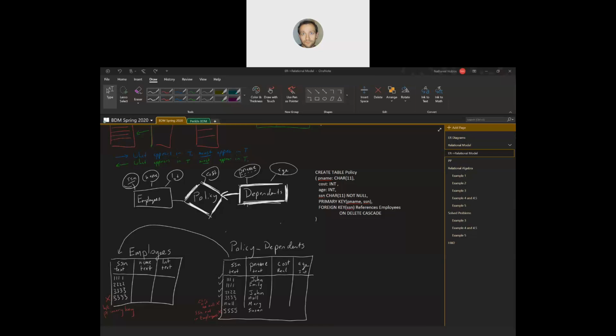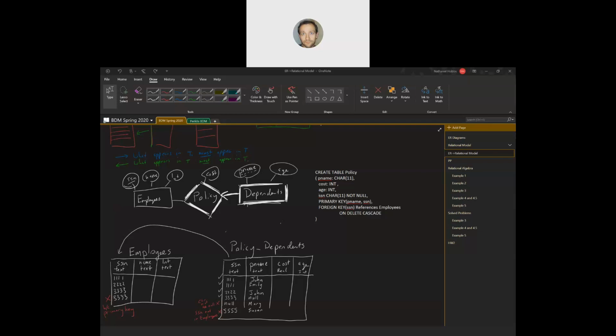So this entry here, Noel and Mary, this is not okay in this type of relationship, because the social security number is the thing that defines this, that gives meaning to this entry. So it can't be null.